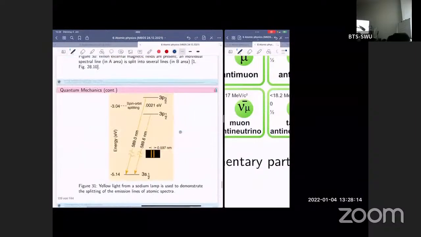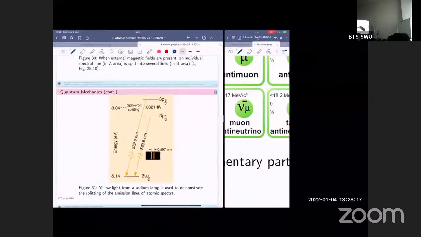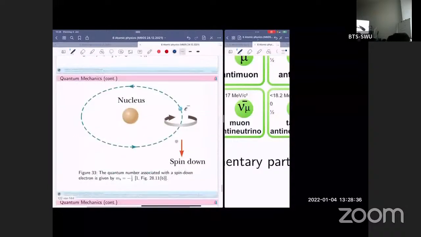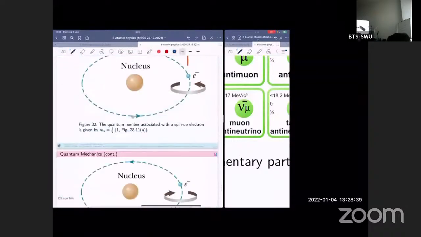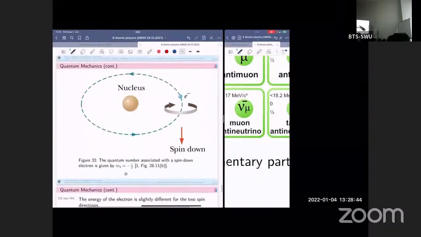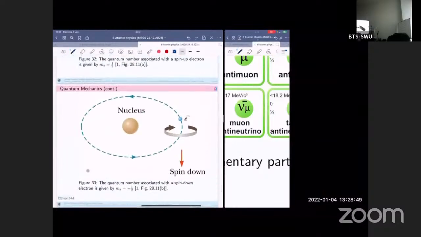And with these two different spin conventions, we have two levels of energy right here: 3p 3/2 and 3p 1/2, sorry, 3p. ms equal to 1/2 means spinning up. ms equal to minus 1/2 means spinning down.